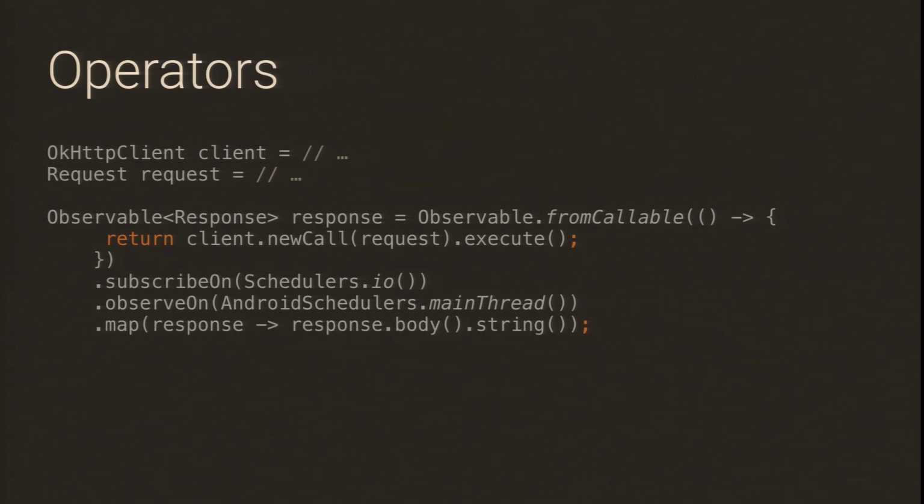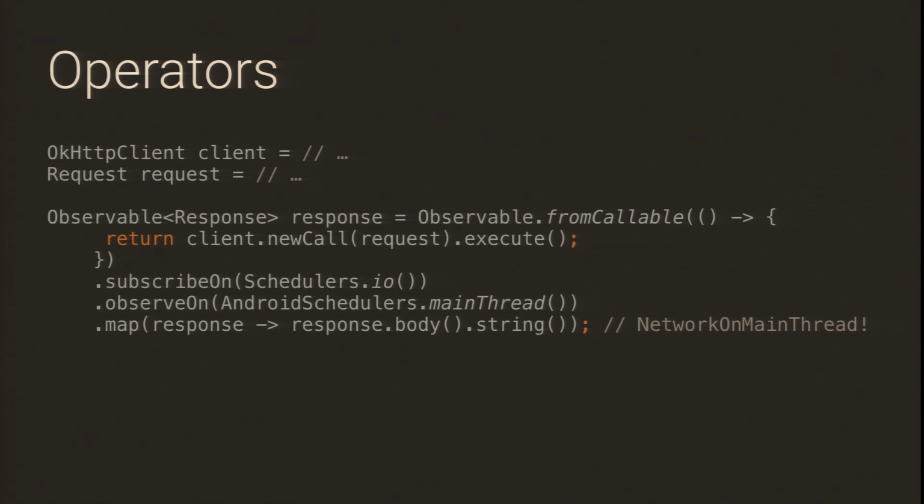I can take the response, I can map it into a string, except this brings up probably one of the most important points of RxJava, which is that order actually really, really matters here. This isn't a builder. This is composing, it's creating essentially a sequence of things that happen in a particular order.